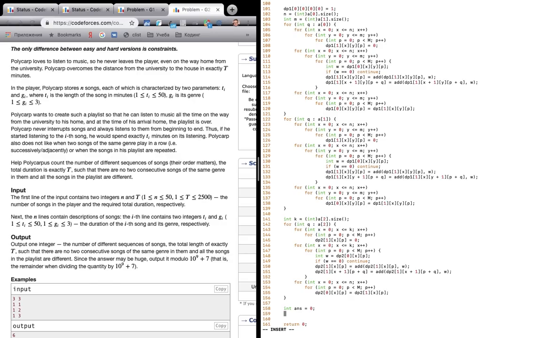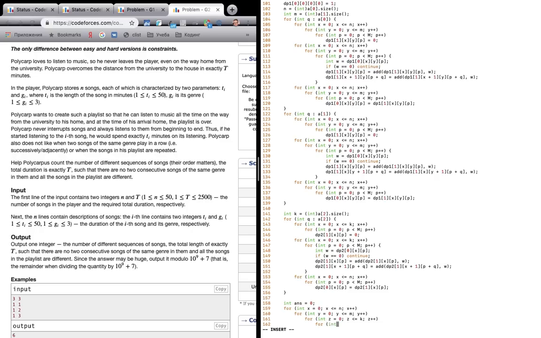So what's now? Now we will try all the variants for the number of songs for each genre, and the total duration of all songs from the third genre.